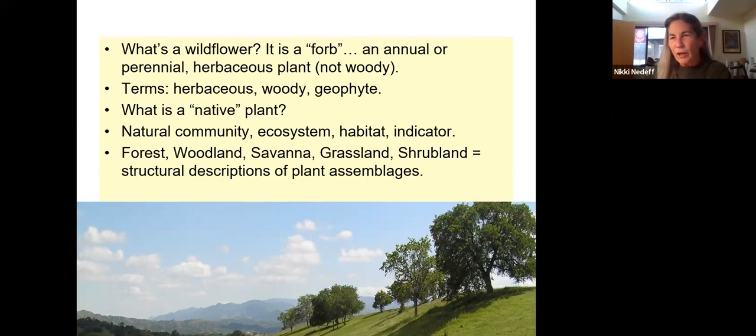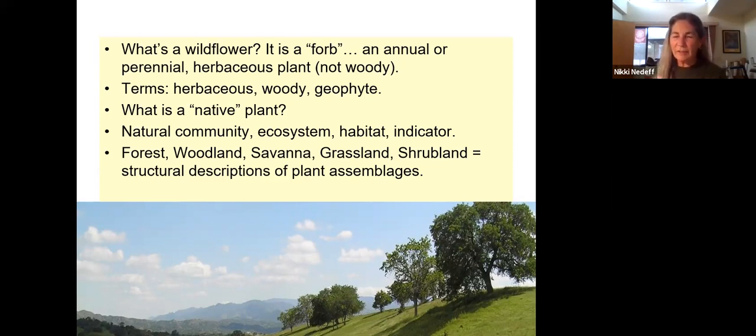Well, it's something called a forb. A forb is a term that describes an annual or a perennial, a plant that grows year after year after year, that's herbaceous, meaning it's not woody.